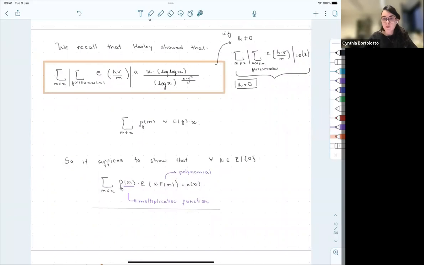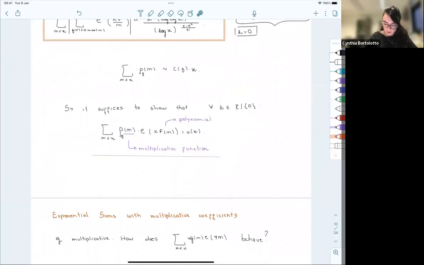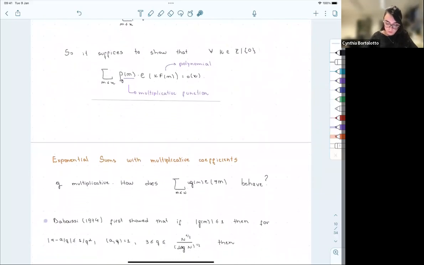And this is actually an area of study of its own. Let's forget a little bit about this function that counts how many roots we have mod n, and let's take any multiplicative function. Then we ask the question, how does the sum up to N of this multiplicative function g(n) times e^(2πi αn) behave?